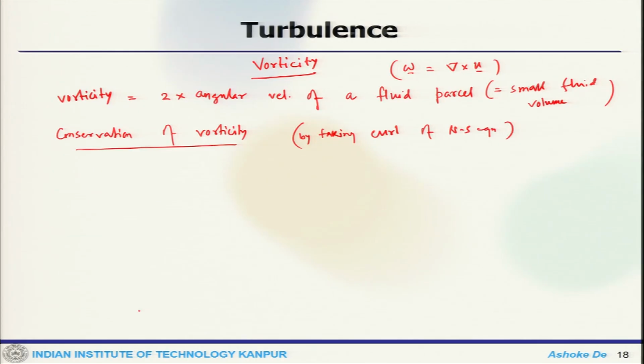You take the curl of that, and what we get is del Wi by del T plus Uj del Wi by del Xj equals Wj del Ui by del Xj plus nu del squared Wi by del Xj del Xj.